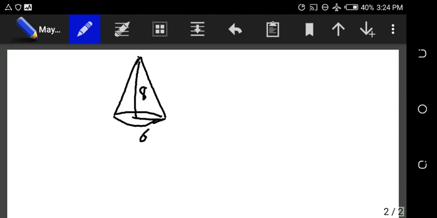Now the first question expects us to calculate the slant height. In one of the classes that we had, we found out that we can use Pythagoras theorem to calculate the slant height of a given cone. When we consider this triangle here, there's a right angle formed at this edge.